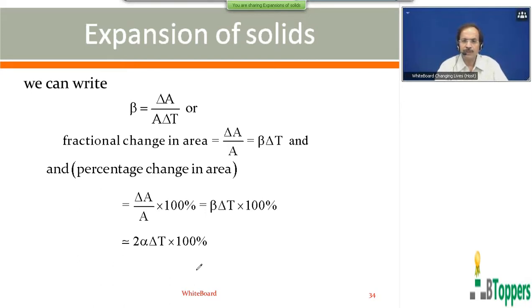Those who want to copy the working, please take a pause and finish writing the working up to here. I want to show the continuation in my next slide. So here within brackets is written, since beta is nearly equal to 2 alpha.